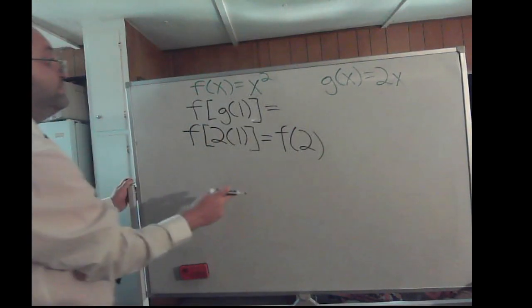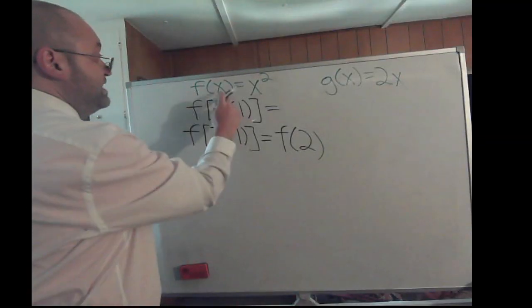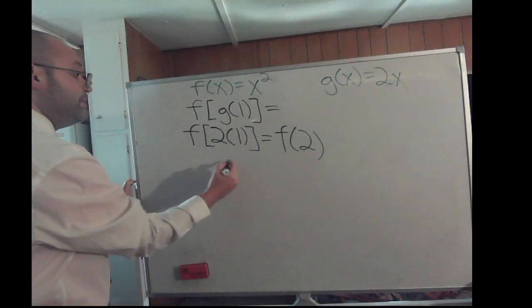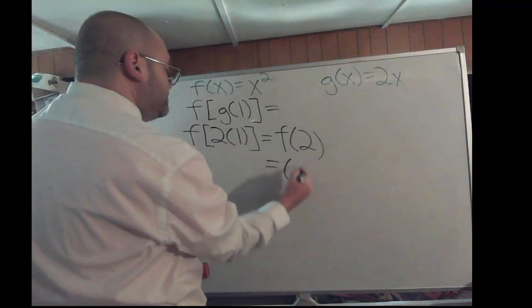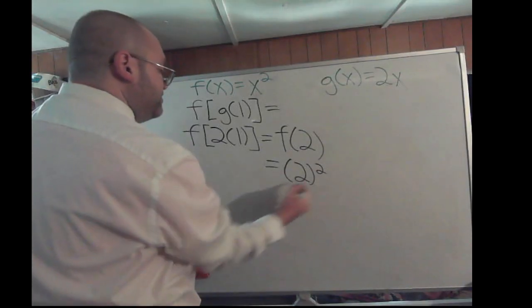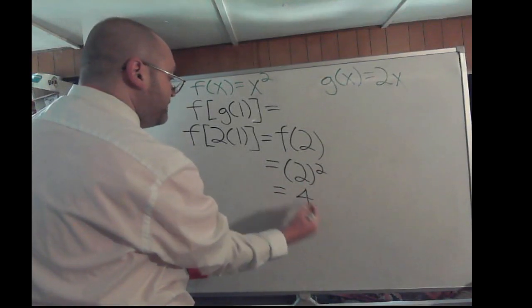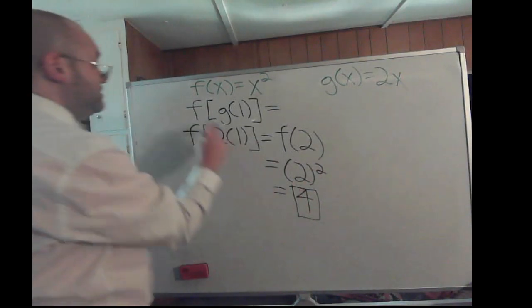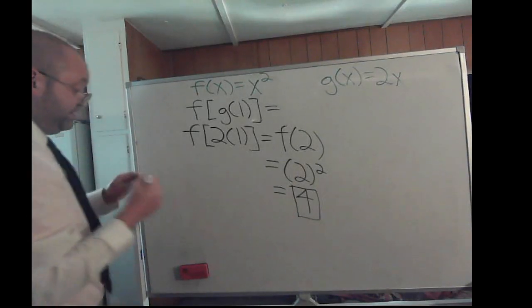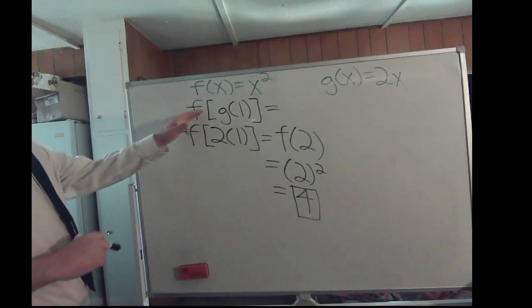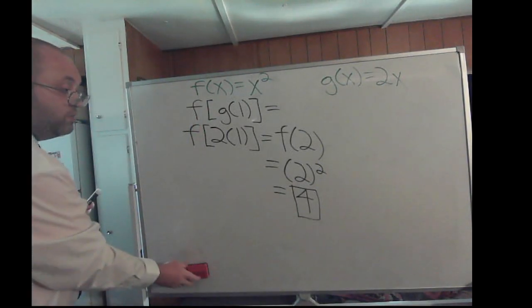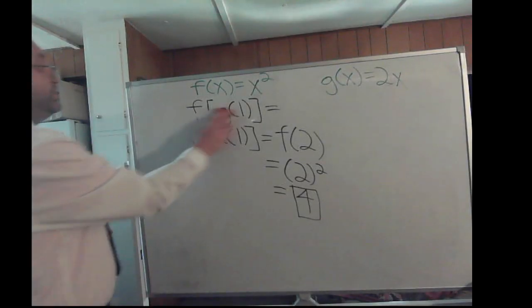Now we just have to evaluate f of 2, which means f of x is x squared, so we'll put in 2 for the x term. You have 2 to the second, which is 4. So f of g of 1 turns out to be 4. So this proves also it does matter which order you evaluate it in when you're doing combinations.